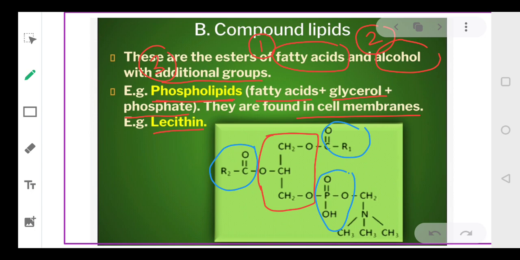So these three together make up your compound lipids. I hope you can differentiate between simple lipids and compound lipids. Simple lipids have fatty acid and glycerol, while compound lipids have fatty acid, glycerol, plus some additional group that may be phosphate as well.